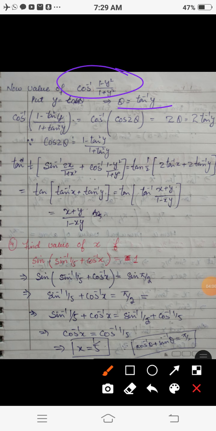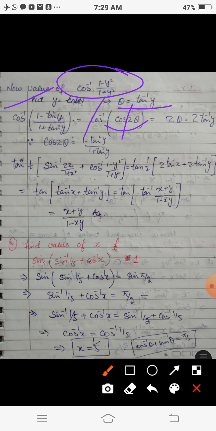So this cos inverse of 1 minus y square upon 1 plus y square is simply cos inverse of 1 minus tan square theta upon 1 plus tan square theta. Now you know that 1 minus tan square theta upon 1 plus tan square theta is cos 2 theta.